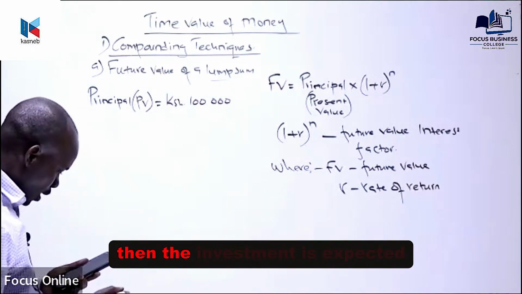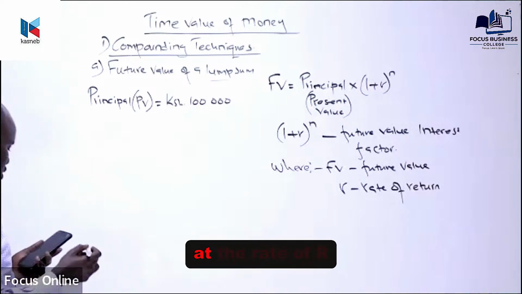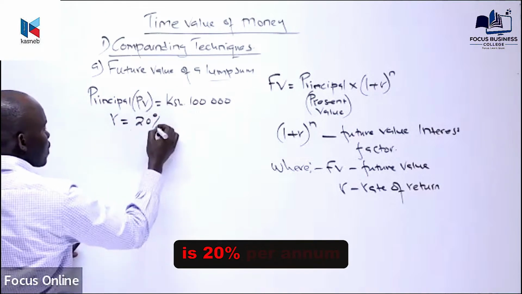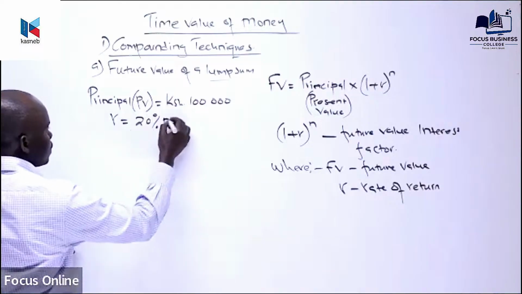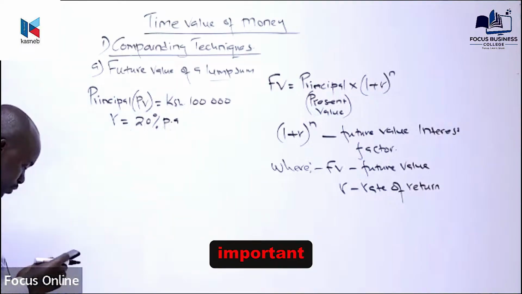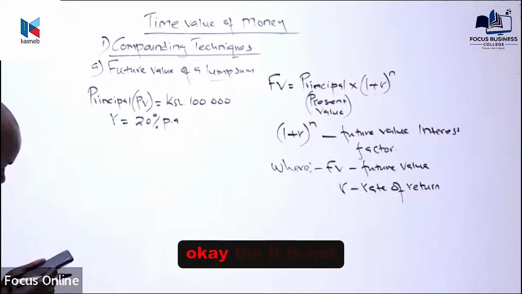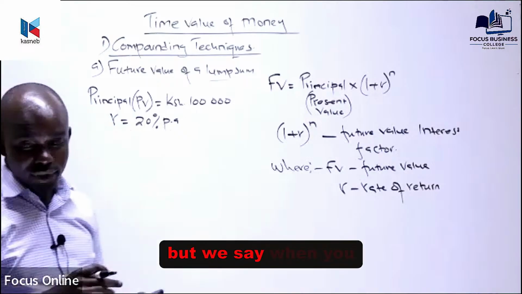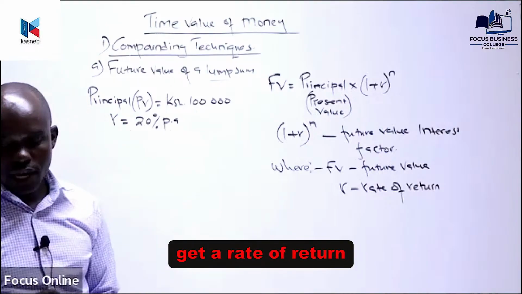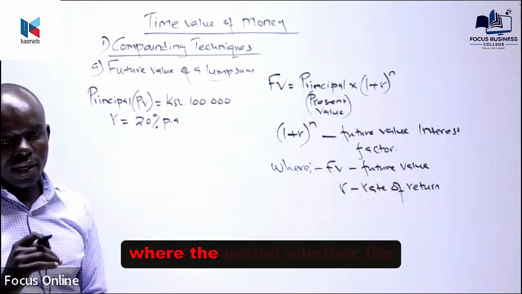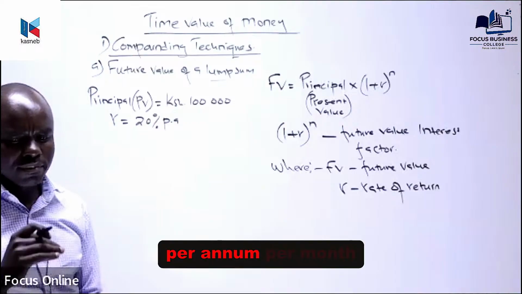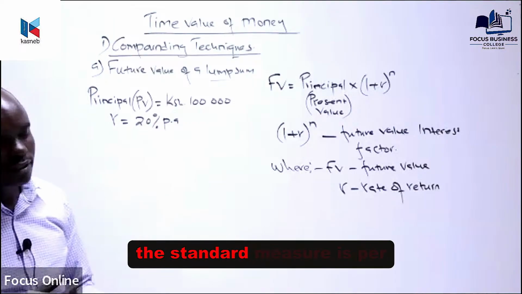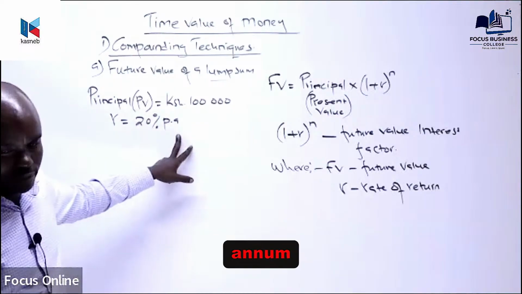Then the investment is expected to earn interest at the rate of R is 20% per annum. This per annum is very important. They have not said per annum, but when you get a rate of return where the period, whether per annum, per month, or semi-annually, is not stated, the standard measure is per annum.